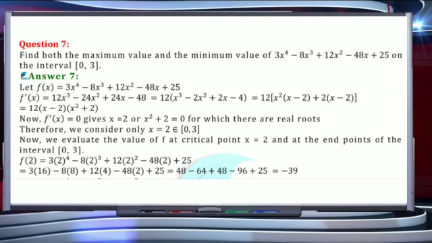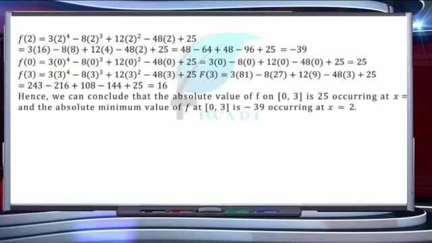Now we are calculating all the values. First, f at 2. On substituting x as 2, we get, on simplification, minus 39. So the values of f are calculated at 2, 0 and 3. At 2 we are getting minus 39.